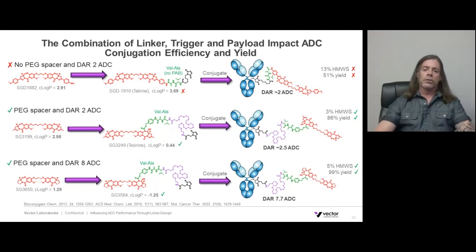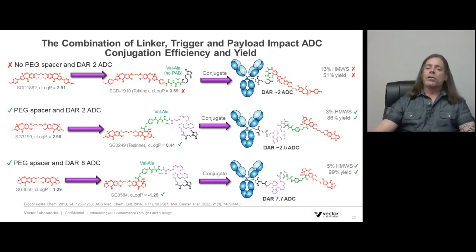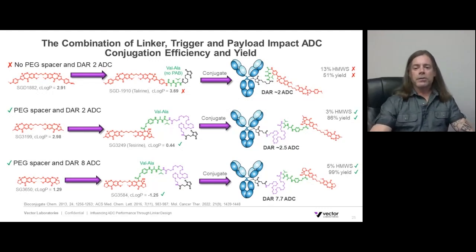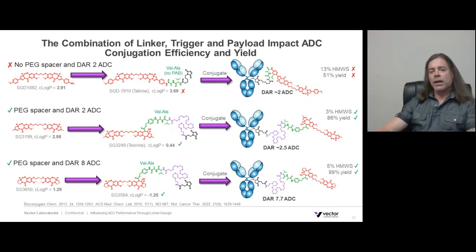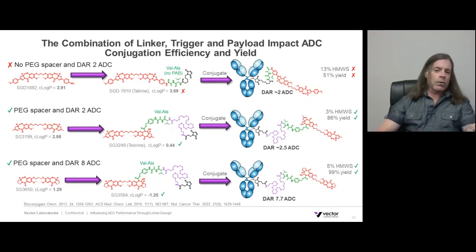This linker payload is known as tesirine, and it has a lower C-log-P. Conjugation of tesirine to an antibody gives us a DAR 2.5 ADC with only 3% aggregation and 86% yield. So what we can see here is that incorporating that PEG spacer resulted in an improvement in aggregation profile and an improvement in conjugation efficiency.